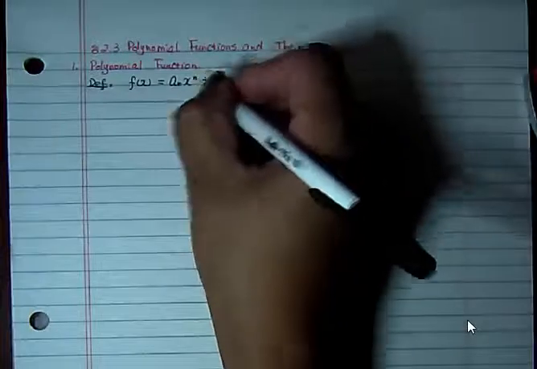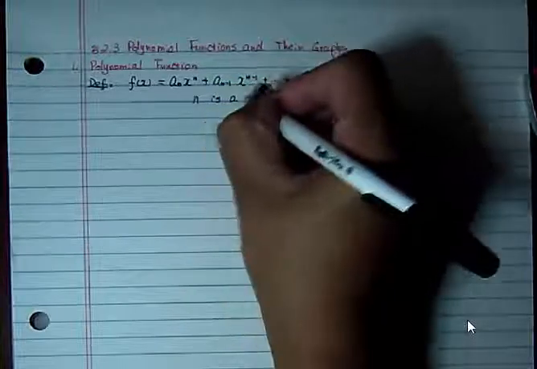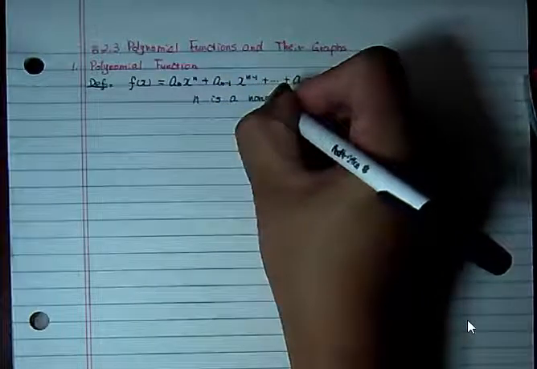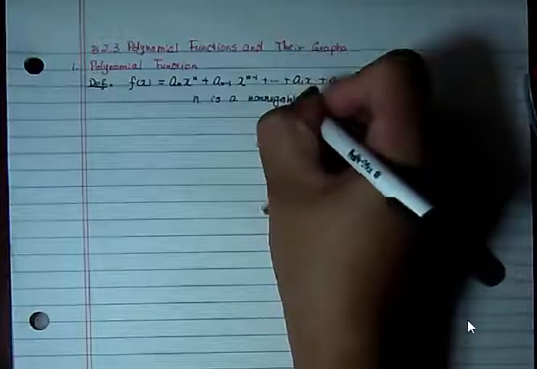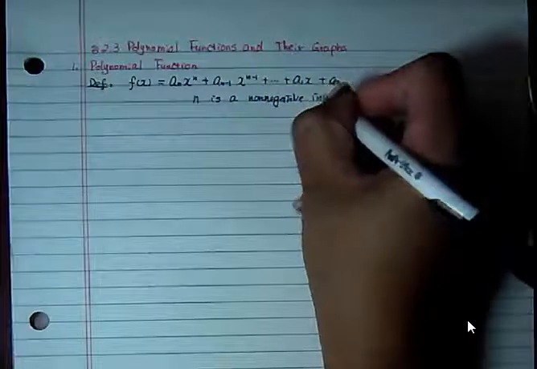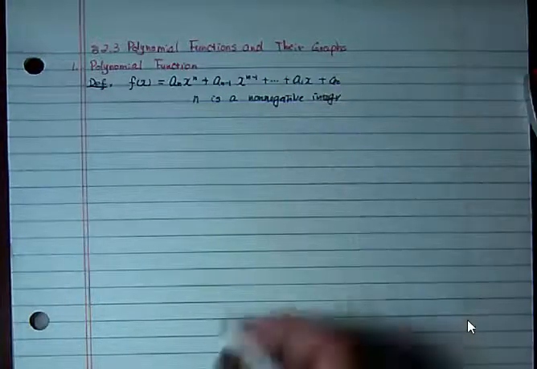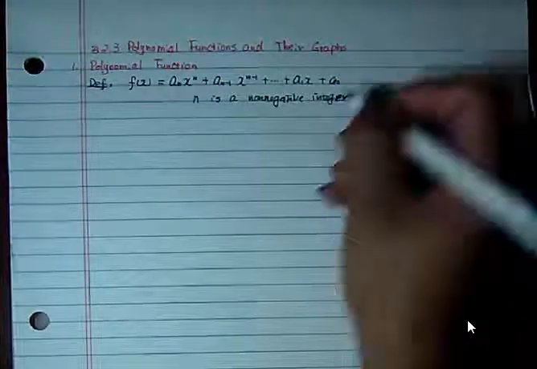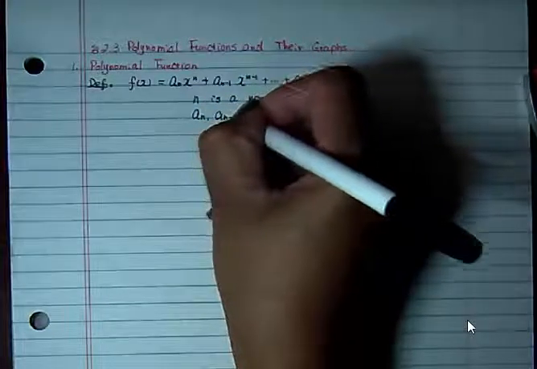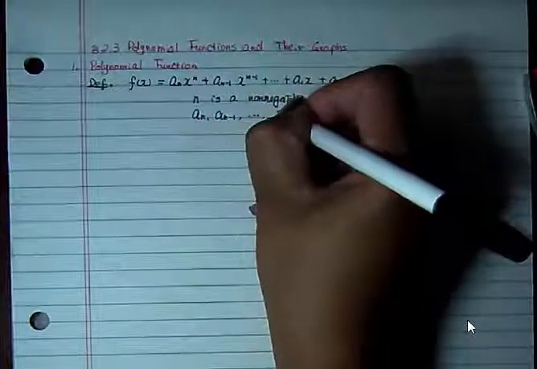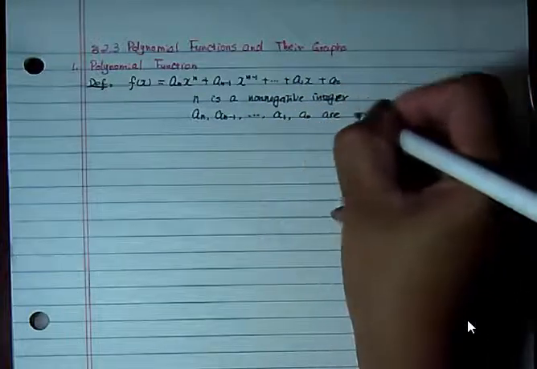Here you can see the exponent n is a non-negative integer, and those notations a_(n-1) all the way to a_1, a_0 are coefficients, and they are real numbers.